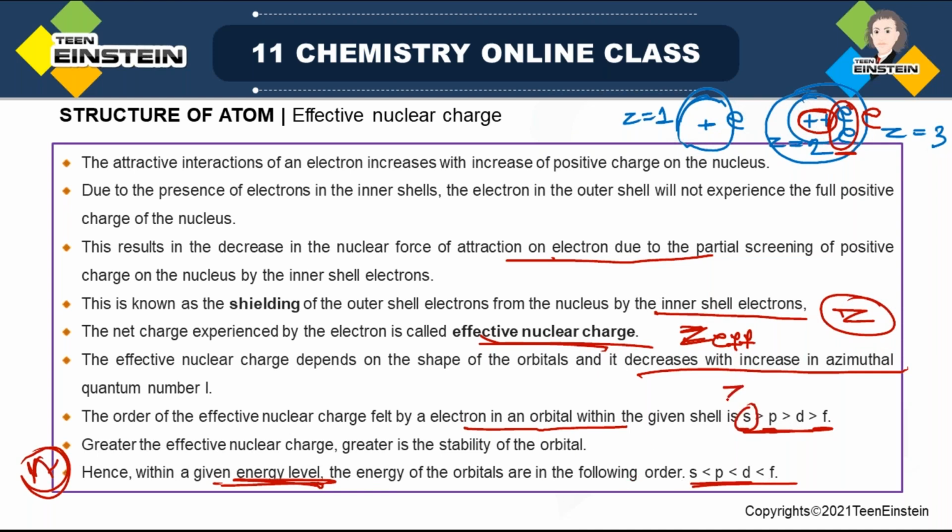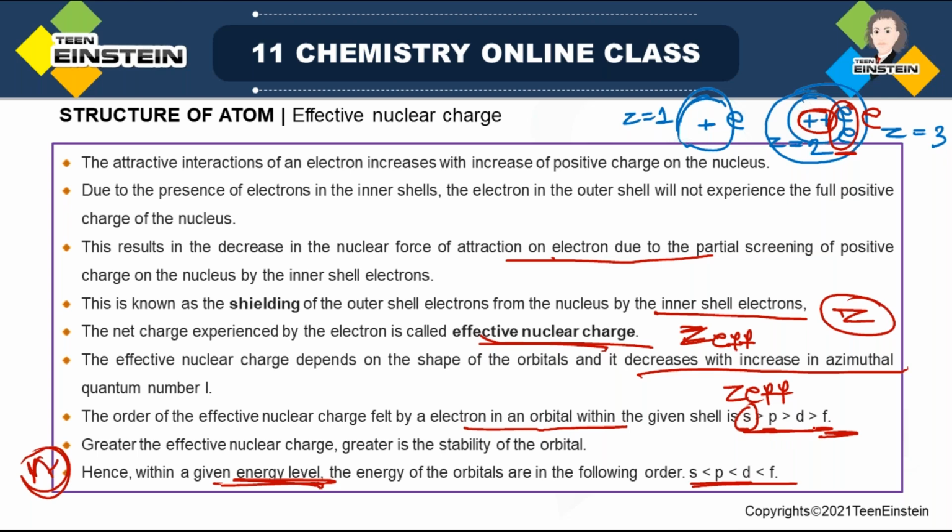For S, Z effective is maximum, and Z effective maximum means it is very stable, and high stability means less energy, and when stability is less, energy is high.